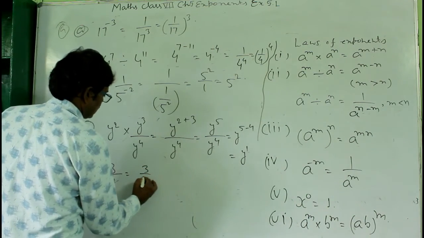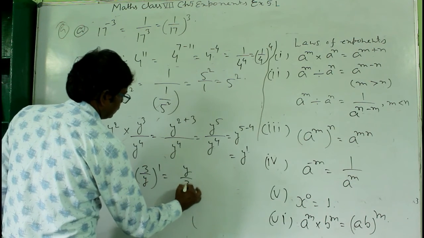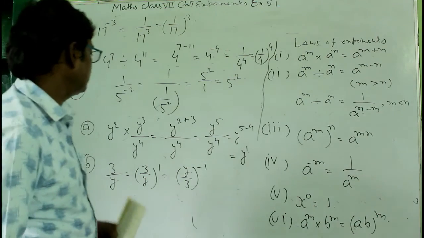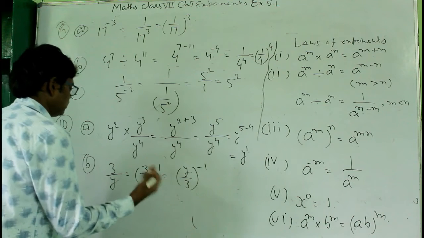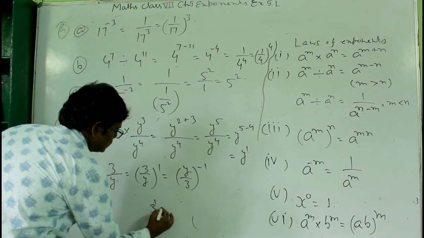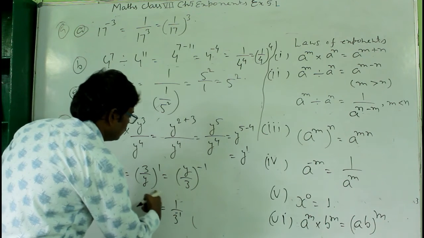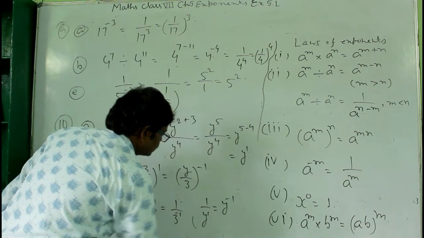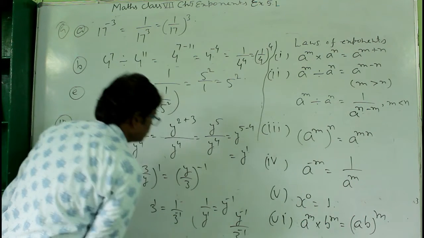So you can have (3 by y) to the power 1, and this will be (y by 3) to the power minus 1, when you reverse it, or take the reciprocal. You can understand this by looking at it: 3 to the power 1 can be written as 1 by 3 to the power minus 1, and y is 1 by y here. If you take it in the numerator, that will be minus 1. So you have y to the power minus 1 by 3 to the power minus 1.